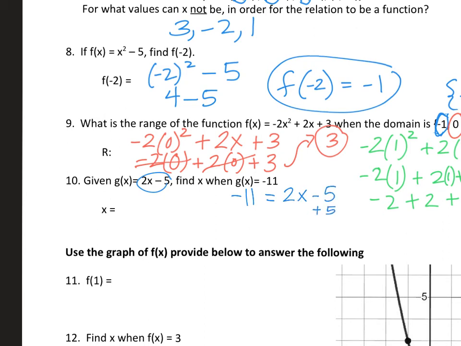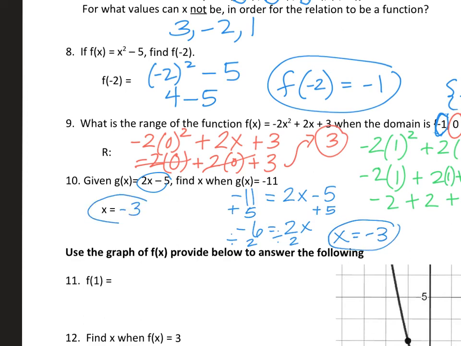So we're going to add 5 to both sides. When we do that, we're going to get negative 6 equals 2x. So we're going to divide by 2, and so x is equal to negative 3. Okay, so negative 3 is our answer for that one.